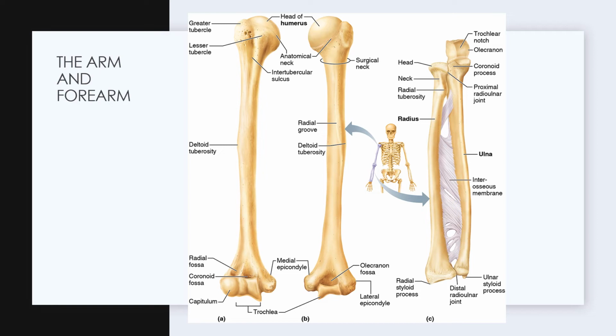Anterolateral, so front and to the outside to the head, are 2 bony projections separated by the intertubercular sulcus, the greater tubercle and the lesser tubercle, which can also be seen in the image at the top left. These are the sites of muscle attachment. So just distal to the tubercles is the surgical neck.